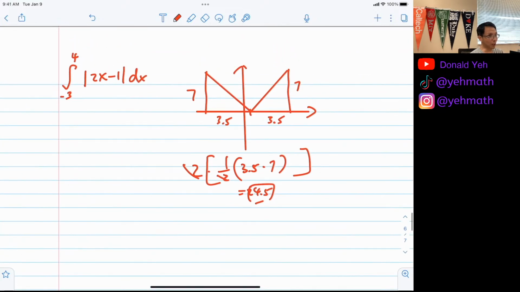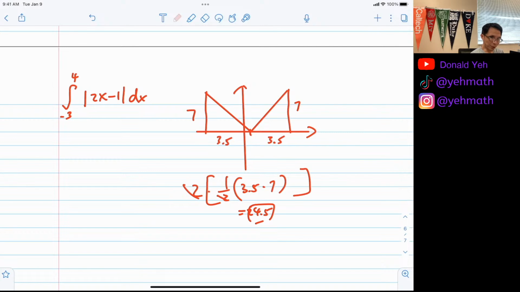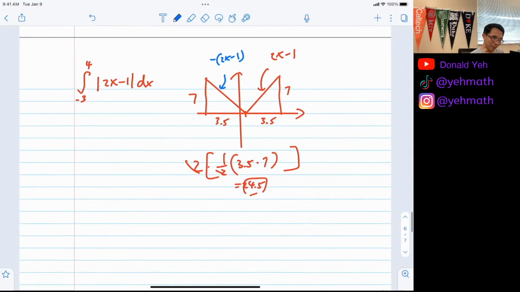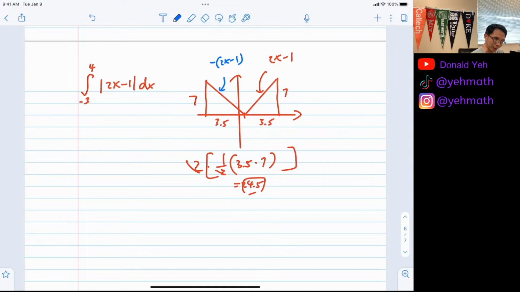If you've done arithmetic, you have to understand this side of the function is going to be 2x minus 1, and this side of the function is going to be negative 2x minus 1. And imagine the work you're going to be doing. You're going to do the integration of the negative of 2x minus 1 dx from negative 3 to 1/2. That's the first boundary.